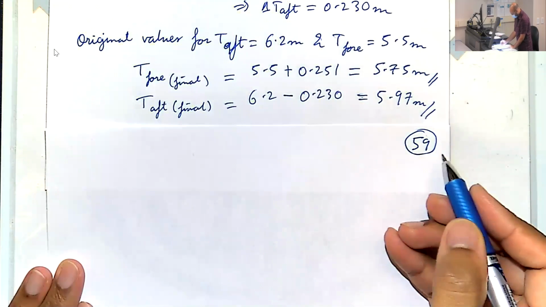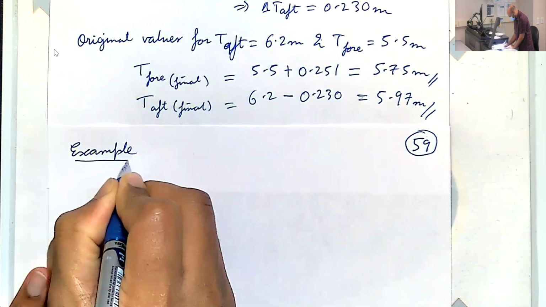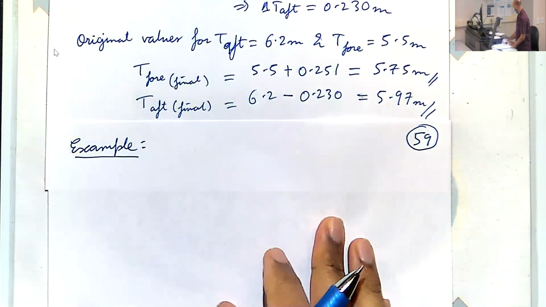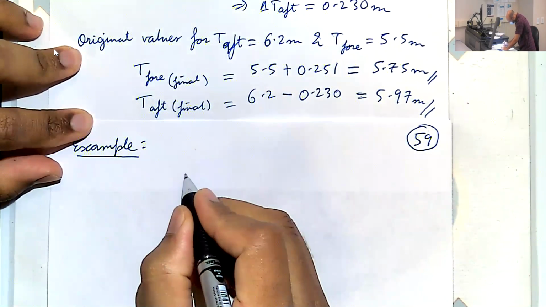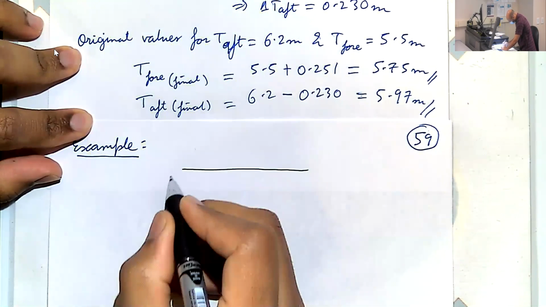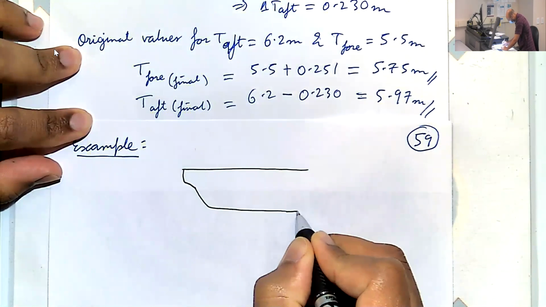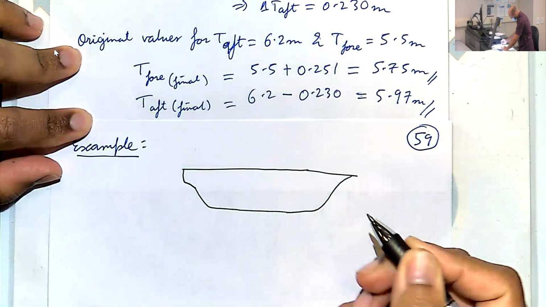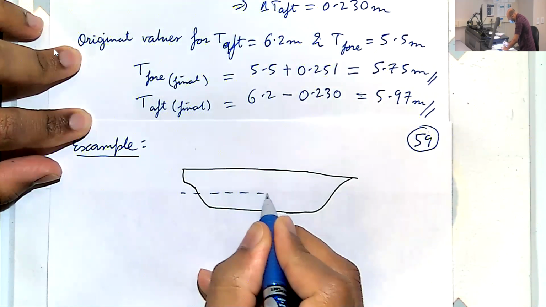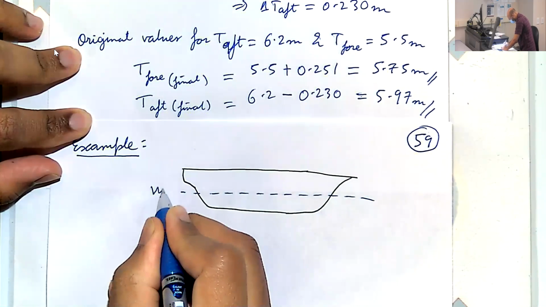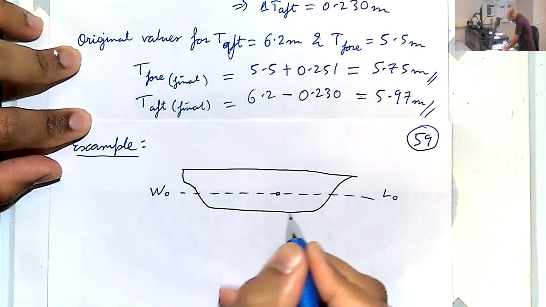All right. So let's do another example. This time, let's start with a sketch. And then the initial water line was something like this, and the final water line looks like so.